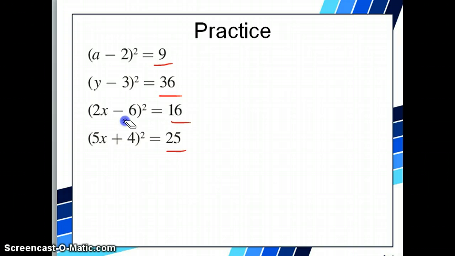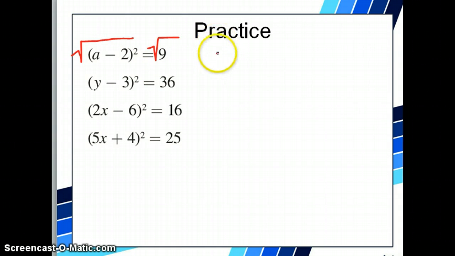So I'm going to erase some of this here so we have some room to work, and we'll look at that first equation. All right, in this type, our first step is to take the square root right away. What that's going to do on the left side with the parentheses is actually just get rid of the parentheses. It's saying we're getting rid of that squared term so that all we're left with is whatever was inside the parenthesis.